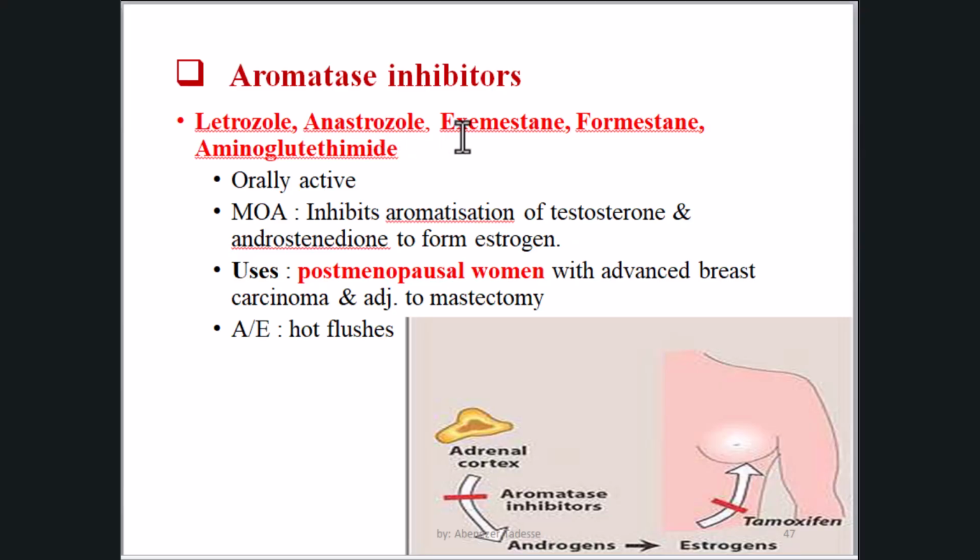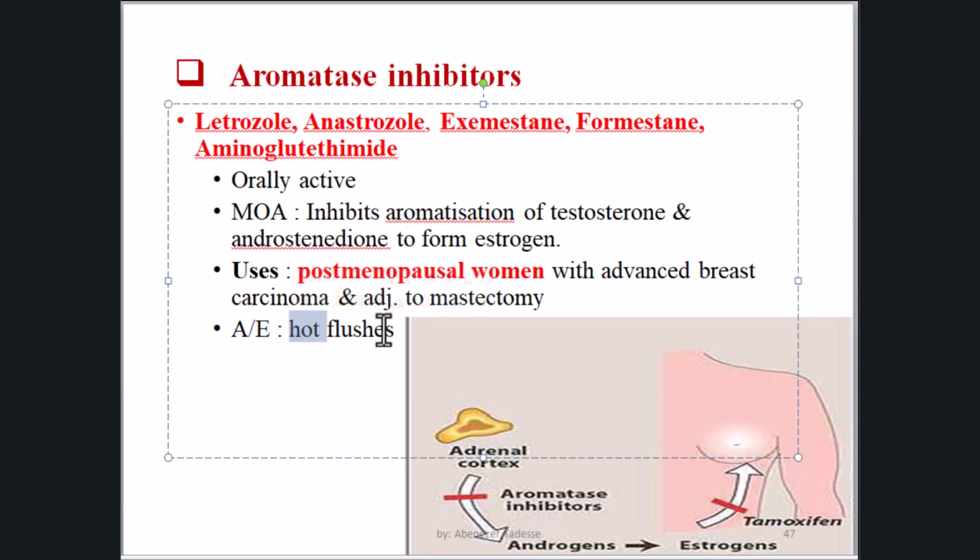They can inhibit aromatization or estrogen synthesis, so they have no risk associated with endometrial cancer, so they are preferred in postmenopausal women. Mostly hot flash is due to estrogen withdrawal symptoms, and results from disturbance of the hypothalamic thermoregulation zone.